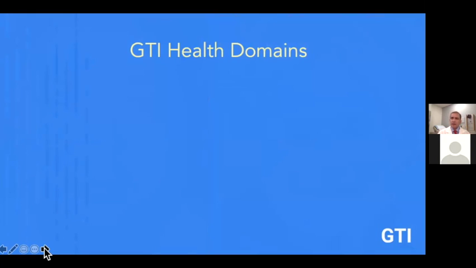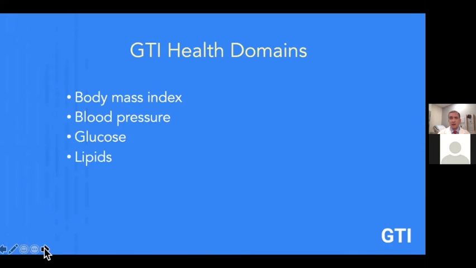So what are the health domains that are covered by the GTI? These were selected on a very intentional basis. So they're simple, easy things: body mass index, height and weight, blood pressure, systolic and diastolic, easy to collect, always collected routinely anyway.